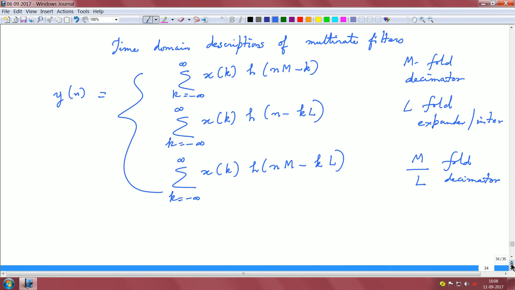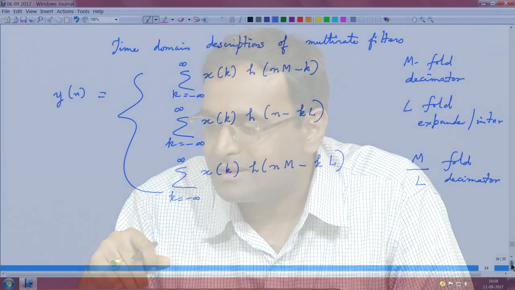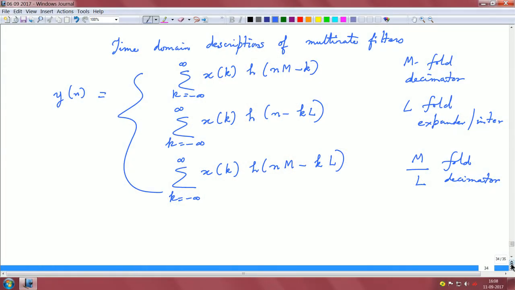We filter followed by downsampling, or we upsample and then follow this with a filtering operation, or we do an m by L decimation post filtering. So these are the filtering operations that we do, and one has to interpret this h of n as the impulse response of that filter that governs multirate operations that either precede or follow the sampling rate conversion operations, as the case might be.